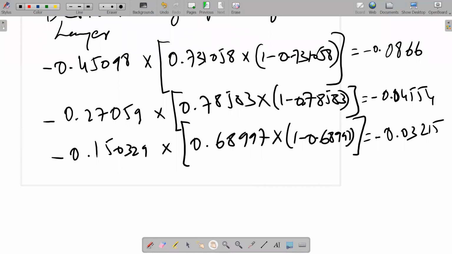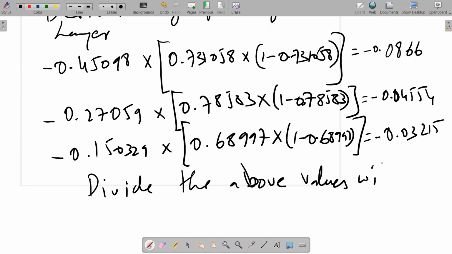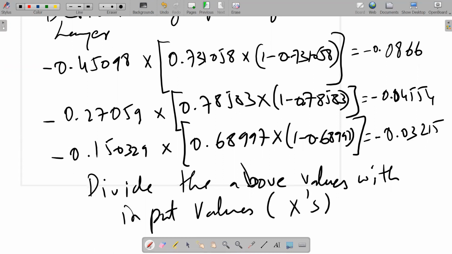Right? Then divide the above values with input values, or x's.